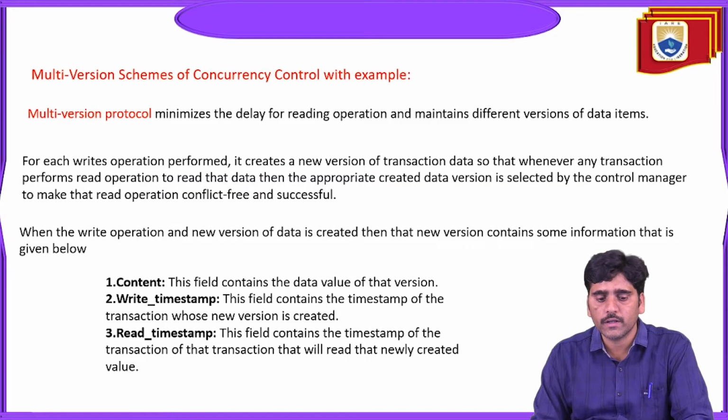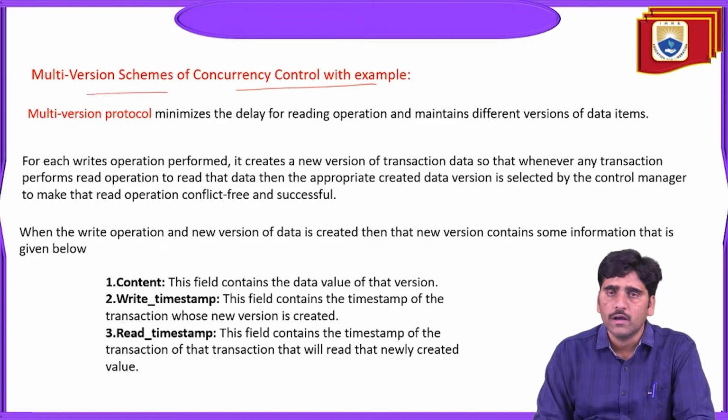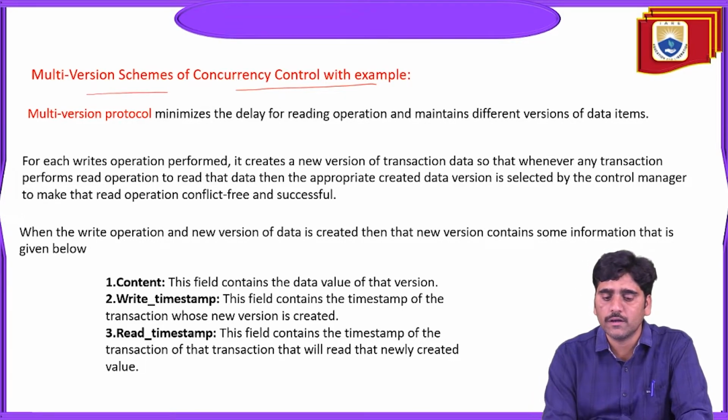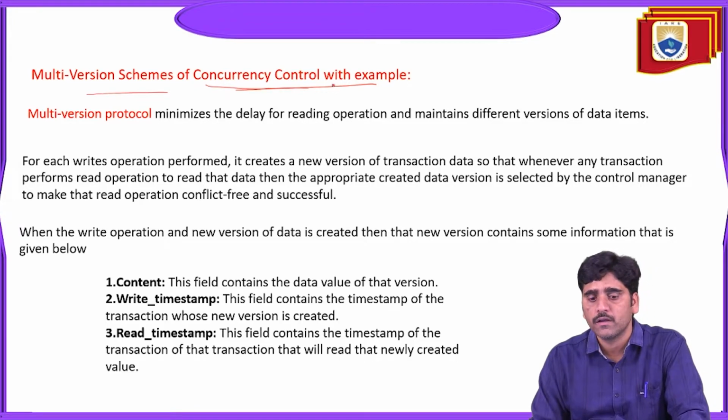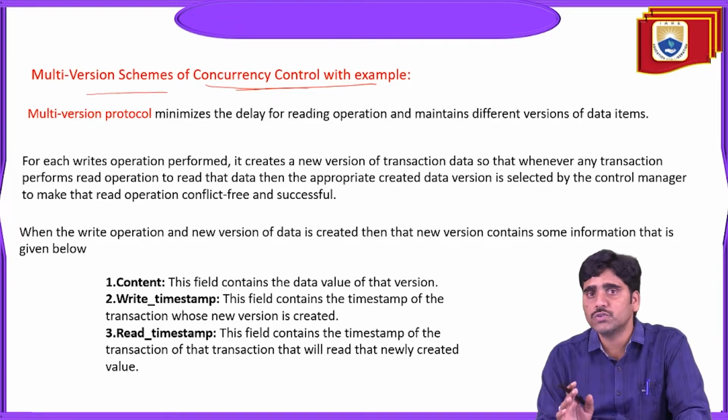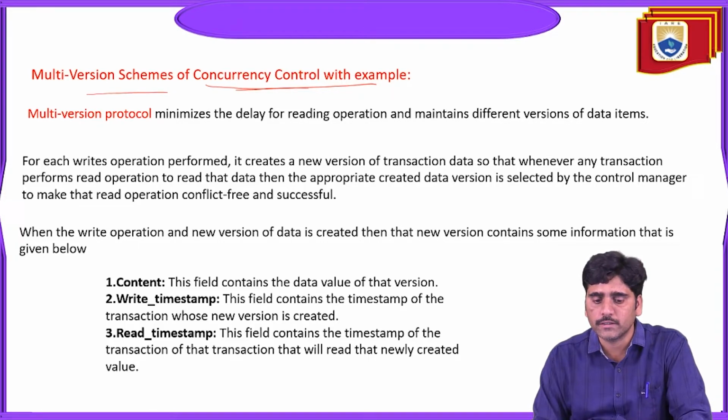And the next topic is multi-version schemes of concurrency control with example. We already have an idea of the concurrency control mechanism. It is used for concurrent execution, and it is used to stop the problems of concurrent execution.